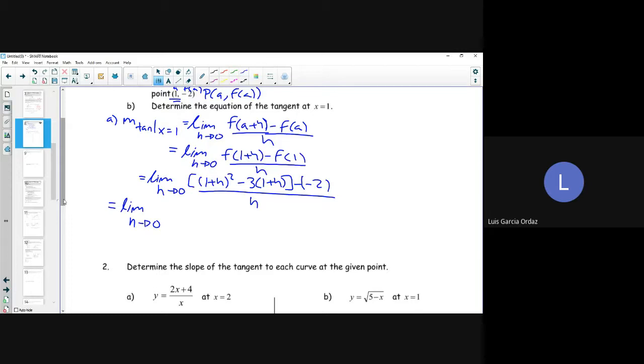I don't mind waiting. If you need extra time, I'll let you try to simplify the numerator of this limit.